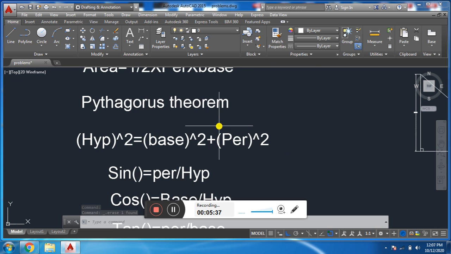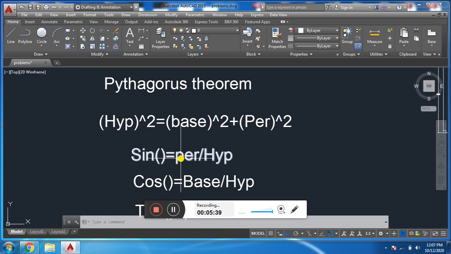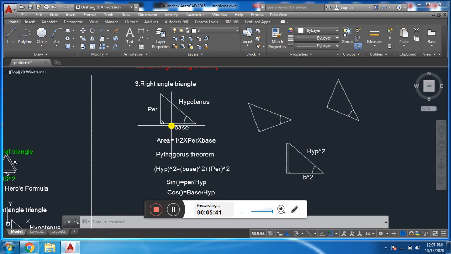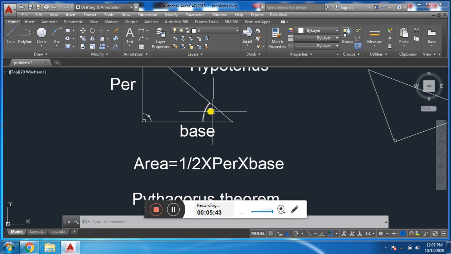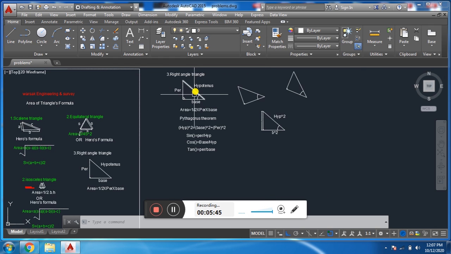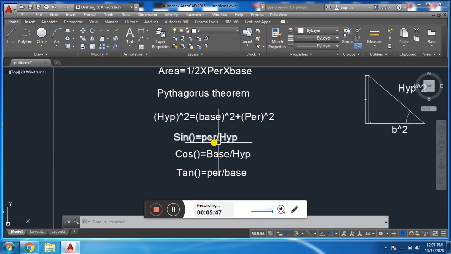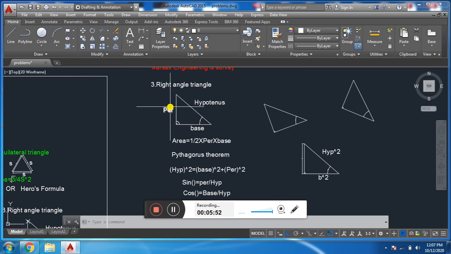This is the Pythagoras theorem, and if you want to know some missing value of an angle or side, we can use this. Sin theta is equal to perpendicular by hypotenuse, and cos theta is base by hypotenuse.